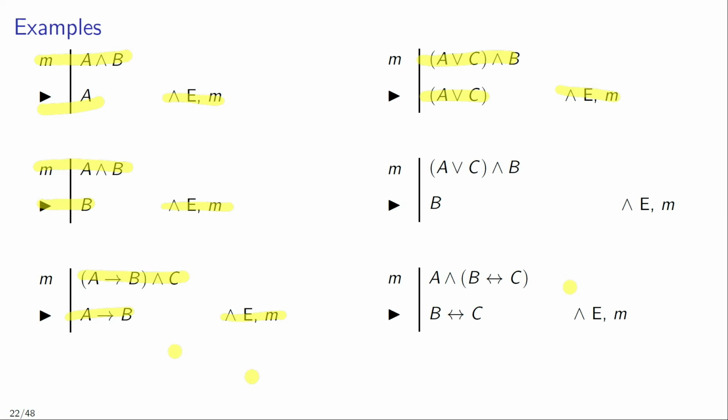You can, of course, also infer the second conjunct B, as discussed in the next example.